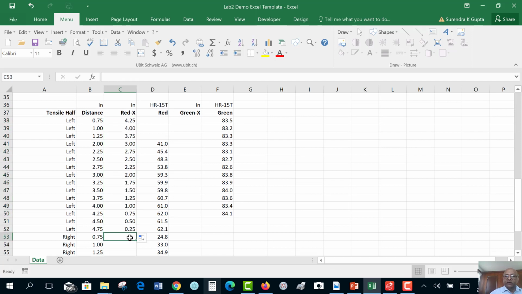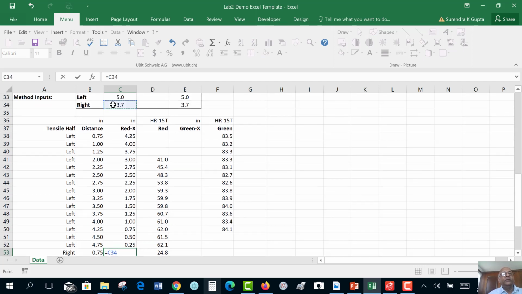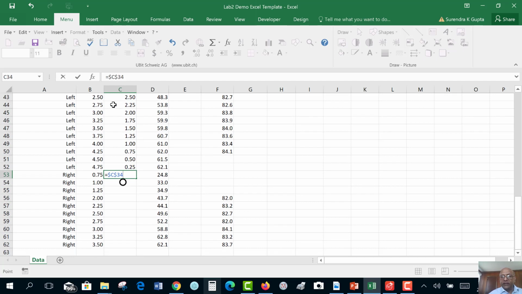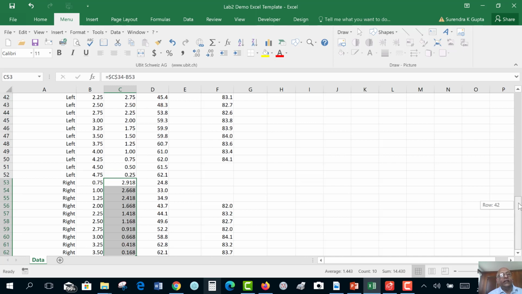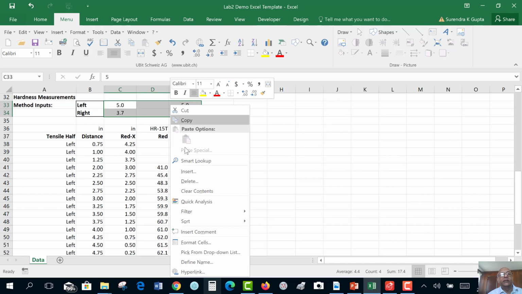We are going to do the same thing for the right half. Equal to, take this value F4 minus distance from the right edge. So you're going to copy this down. Oops. These were 3 digits, right?